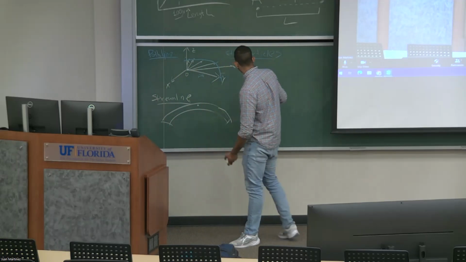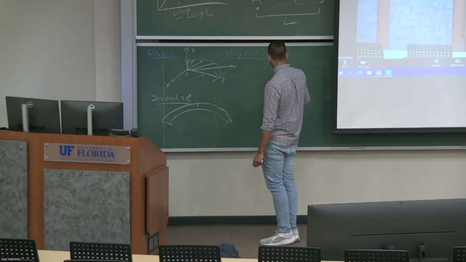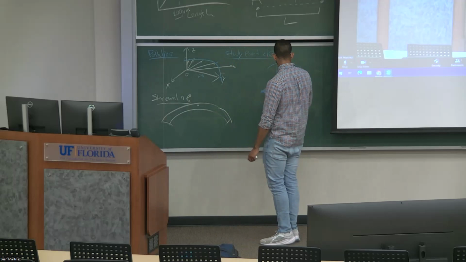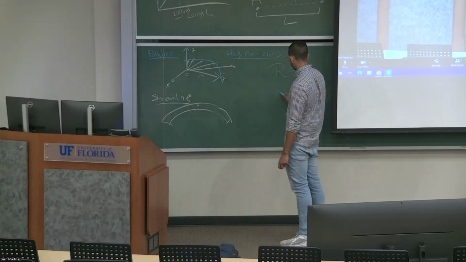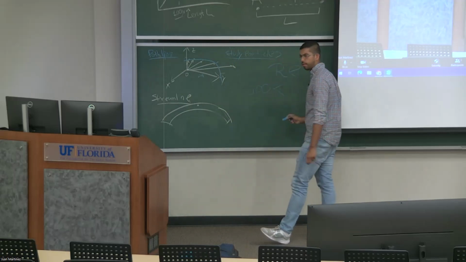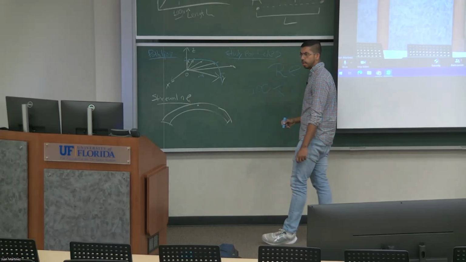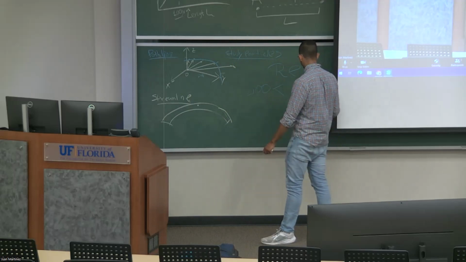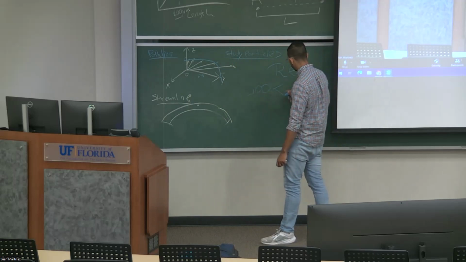You want to review the numbers? I know that Reynolds, I think at 2100. 2100 is something for sure. The other one I think is 4,000 something, 4,200? 2,100 to 4,000.